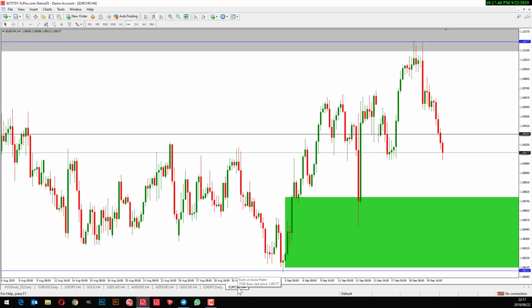So EURCHF, we are going to be monitoring this pair, guys. Mark out those levels that I've highlighted so that you can follow up. Once price reaches those levels, remember, we get in with our target of 30 to 50 pips on each and every trade. Then we scale as we move further forward.